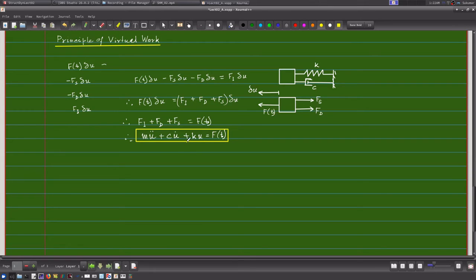So in a complicated system, the application of the principle of virtual work becomes more convenient to find the equation of motion. Alright, so this is how we can find the equation of motion of a single degree of freedom system.